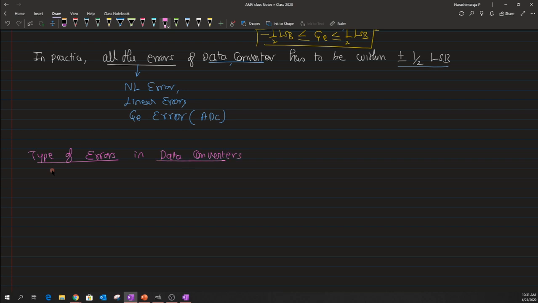So, that is the reason why I have just generally written it as the types of errors in a data converter. Basically there are two types of errors that occur. One, we call it static error. The other one we call a dynamic error.